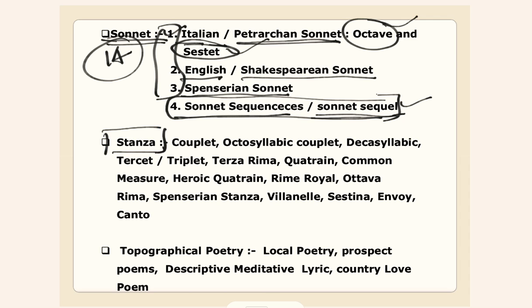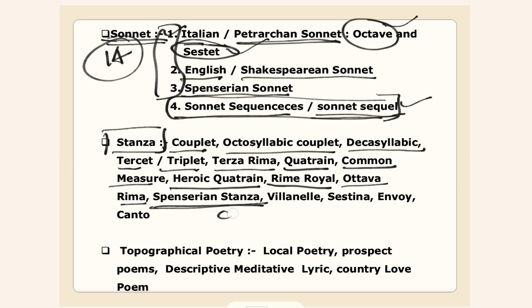Stanza. So couplet, octosyllabic couplet, decasyllabic, tercet, triplet, terza rima, quatrain, common measure, heroic quatrain, rhyme royal, ottava rima, Spenserian stanza, nine-line stanza.